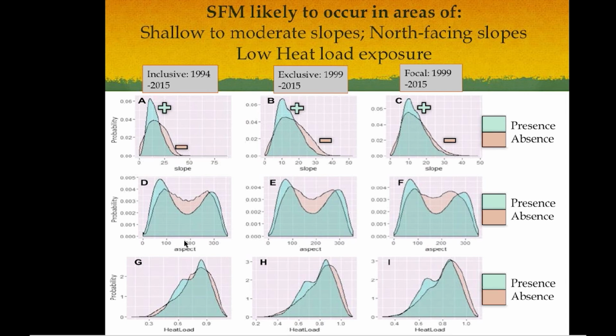Right. So the south aspects, where it's getting more exposed to heat, forests aren't as dense, and they're more drought stressed.